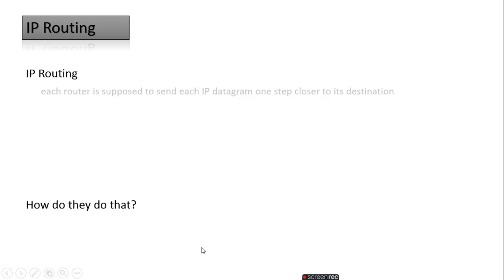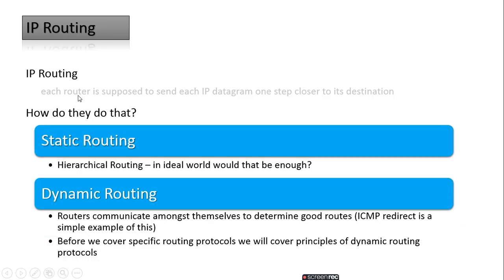Moving on, like we discussed, each router is supposed to send an IP datagram one step closer to its destination. I'm going to use the word datagram here. So how do they do that? There are two methods. One, you can configure a router to use something called static routing.